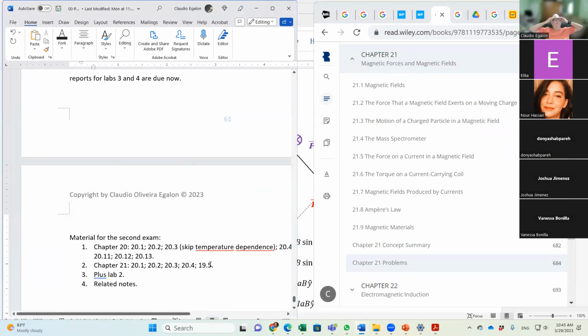Then there are other devices that this book didn't cover, like the synchrotron and the Hall effect. We're not covering that here. 20.5. Looks like everything, right? No, it's not 20. It's 21. Hey, even I'm getting tired here. Here you go. 20.5.